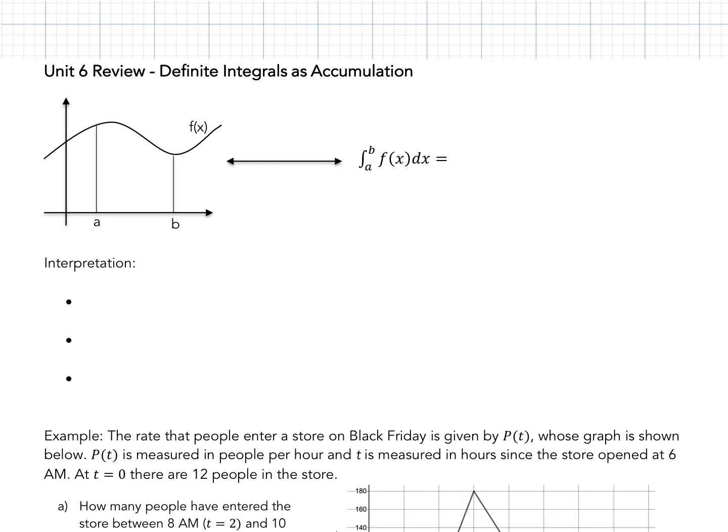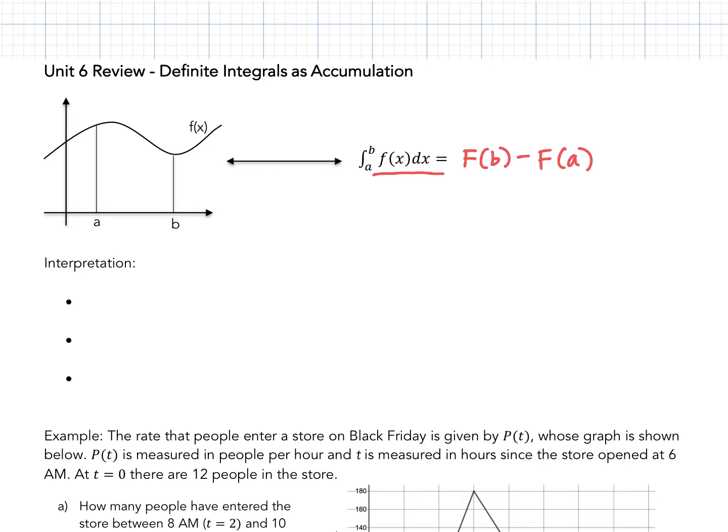So let's start with the definition of this integral. Yes, it represents area, but it also represents capital F of b minus capital F of a. Remember, the capital stands for the antiderivative. That leads us to the fundamental theorem of calculus, which is just a rearranging of those terms.